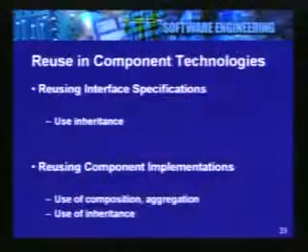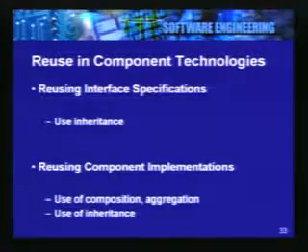If you have a C++ implementation for a component description, you can use inheritance, composition or aggregation, and so on. So reuse can be applied at interface level separately, implementation level separately. This is about component oriented design, or when you are designing component systems.